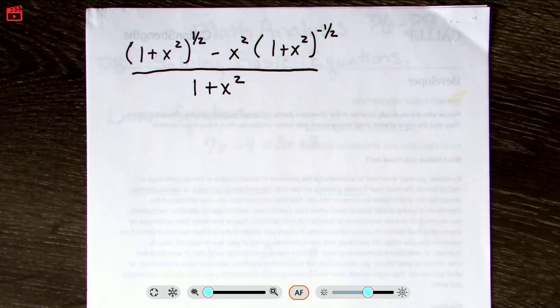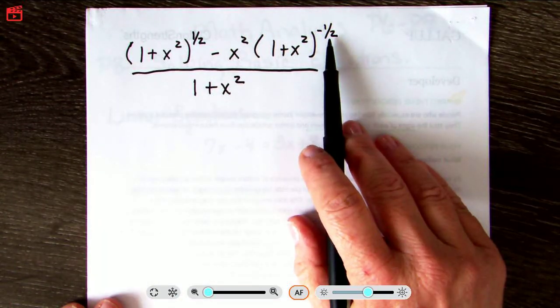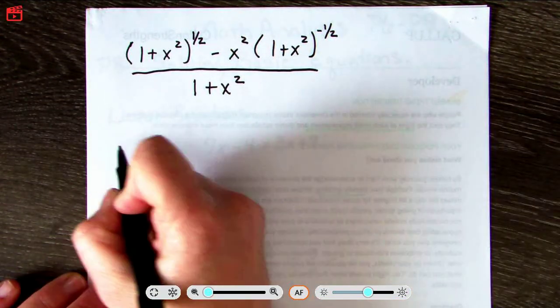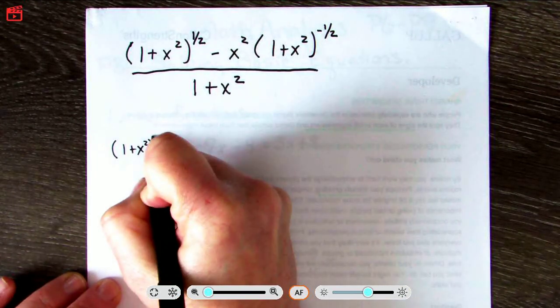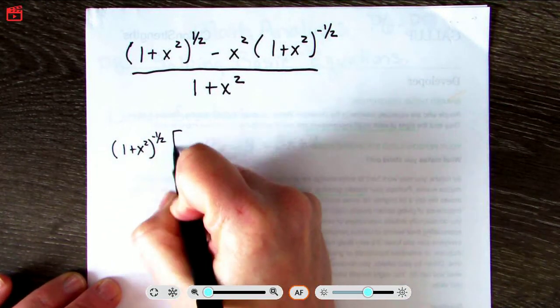So if you look, we have that 1 plus x squared to an exponent, and they're in both pieces. So I'm going to pull out the smallest exponent. Just like if there was an x to the 4th and an x squared, we would pull out the smallest exponent. The smallest exponent is the negative. So I'm going to pull that one out, and I'm going to leave it out front for right now.